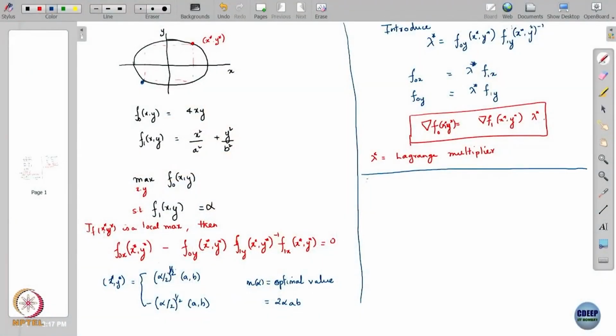The first step was we eliminated the y variable. We eliminated one of these variables, and why were we able to do this? We were able to do this thanks to the implicit function theorem.